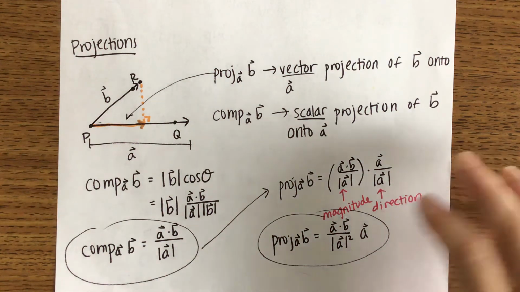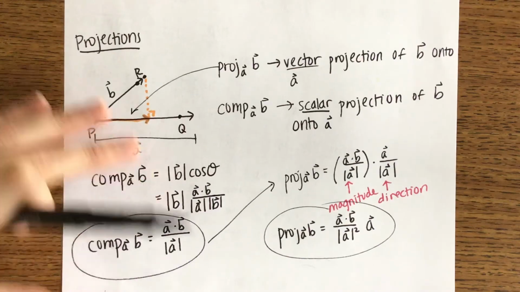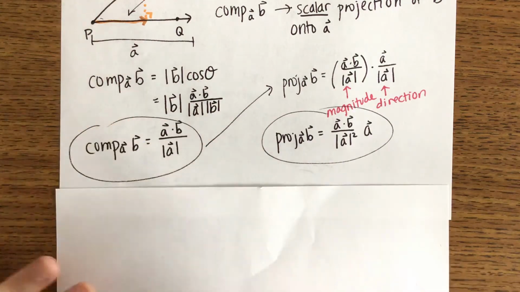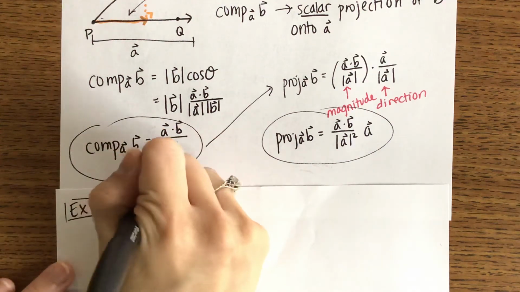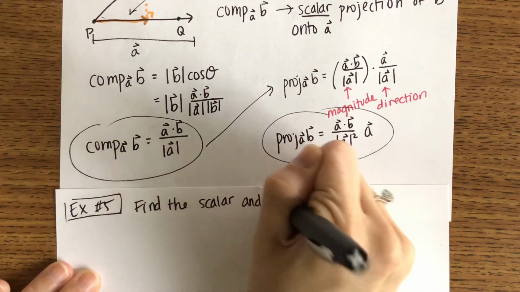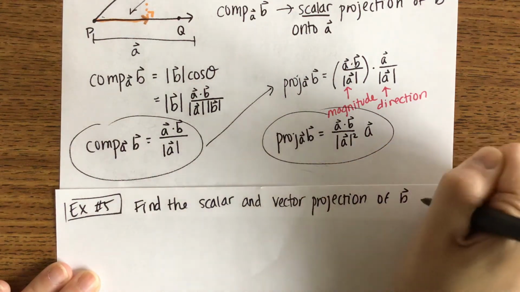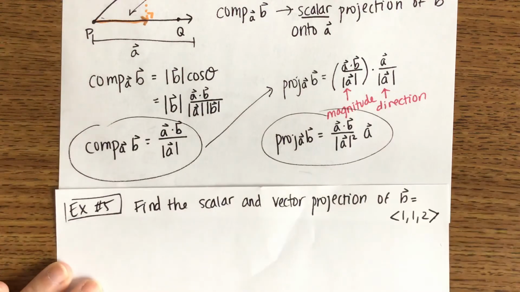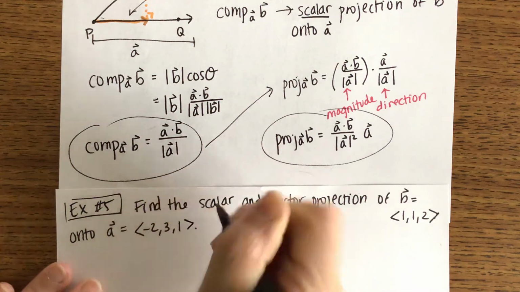Okay, ready for an example? Yeah. We are going to find the scalar and vector projection of vector b, which is 1, 1, 2, onto a, which is negative 2, 3, 1.